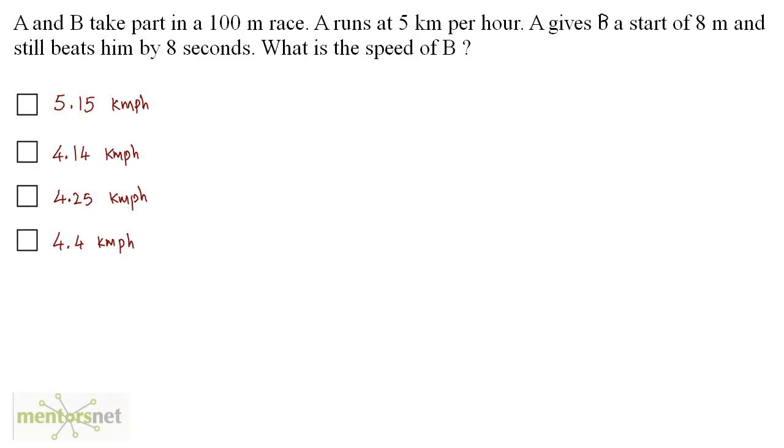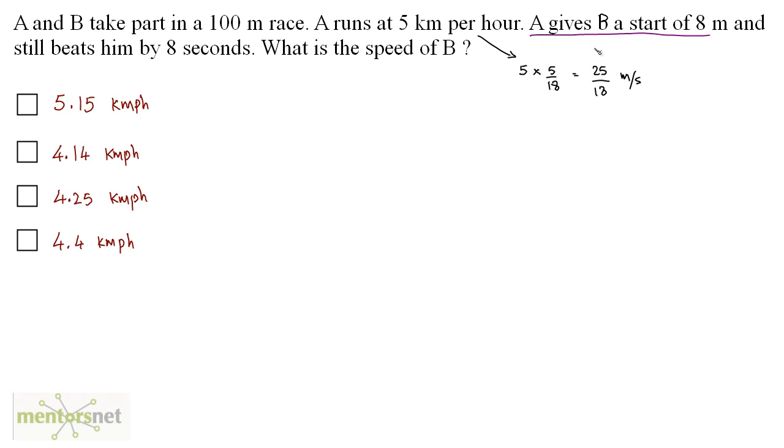A and B take part in a 100 meters race. A runs at 5 kilometers per hour. A gives B a start of 8 meters and still beats him by 8 seconds. What is the speed of B? Let us convert the speed of A into meters per second. It will be equal to 5 into 5 by 18, and that's 25 by 18 meters per second, the speed of A. Now A gives B a start of 8 meters.